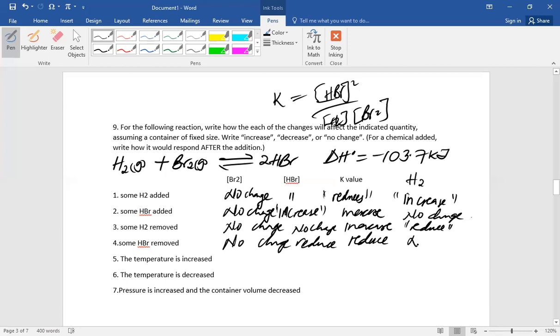So there will be no change here. So when the temperature has been increased, what will happen to the whole of this reaction?